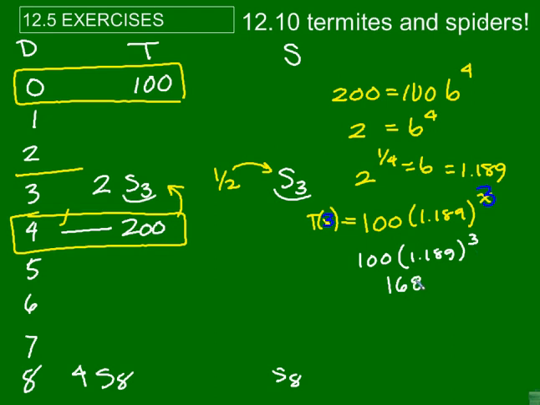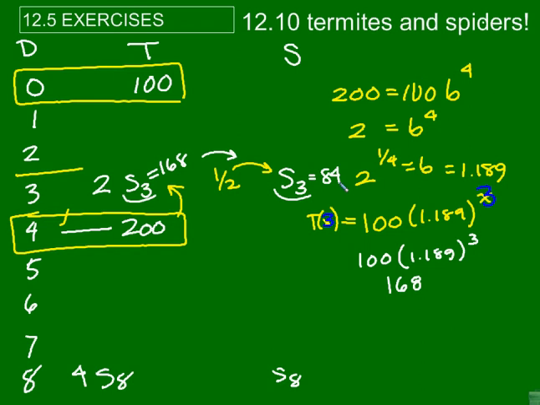Now that's this number over here. Okay, well, if I take half of that, that means there are 84 spiders on day 3. Okay? All right.